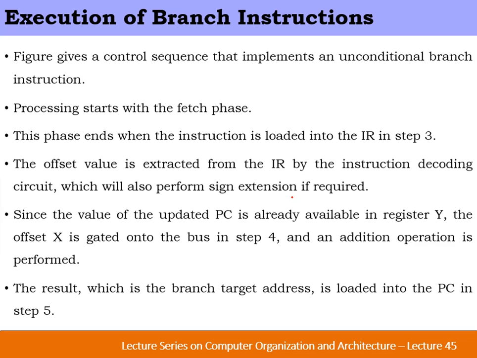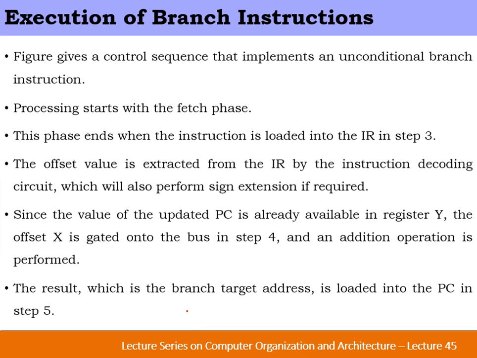Since the value of the updated program counter is already available in the Y register, the offset X is gated onto the bus in step number 4 and an addition operation is performed. The result, which is the branch target address, can be loaded into the program counter in step number 5.